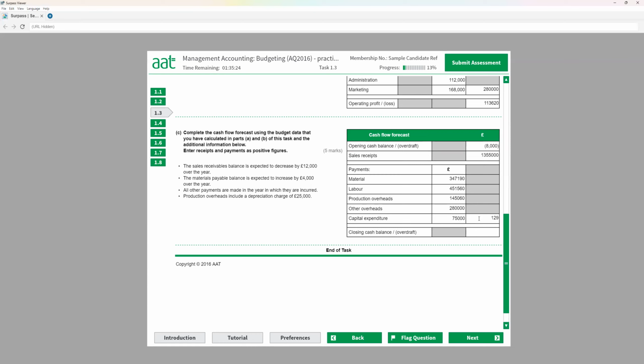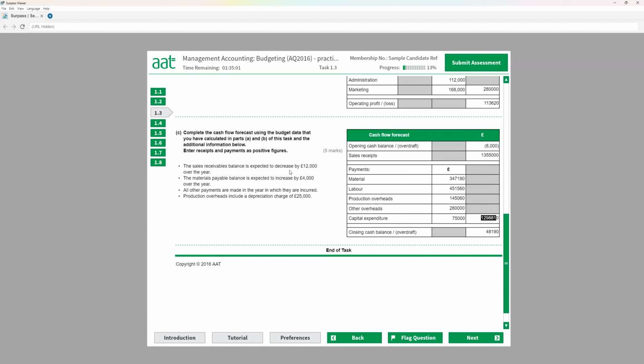So this is 1,298,810. So that's my total receipt, and that's my total payment. If we find the difference, that will give us 48,190. So it's not an overdraft. Our receipt is more than the payment.